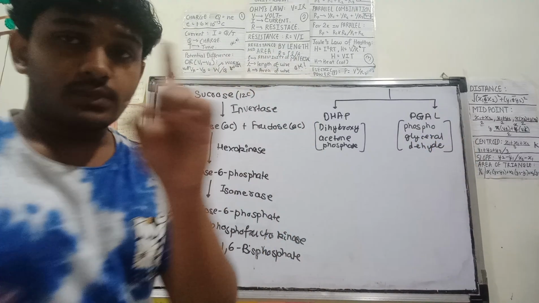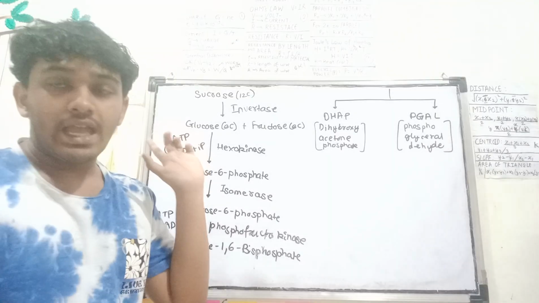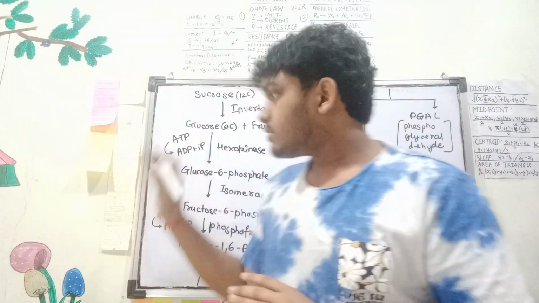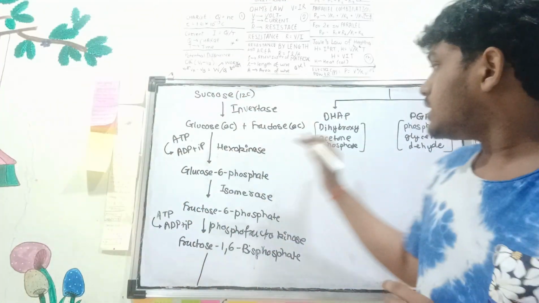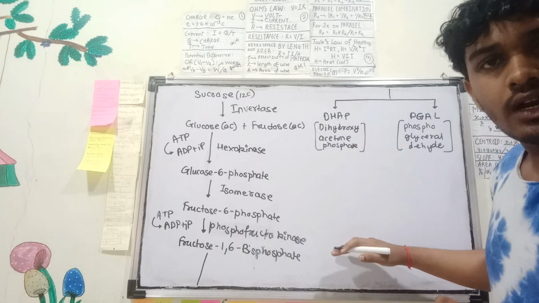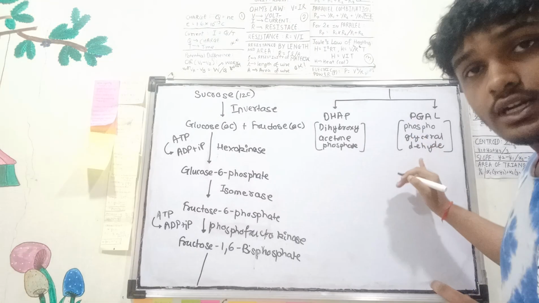Now we had this same situation when sucrose was converted into glucose and fructose, and we saw there that glucose continued the path onwards. So here also one has to continue the path, and PGAL is the one which continues the path.